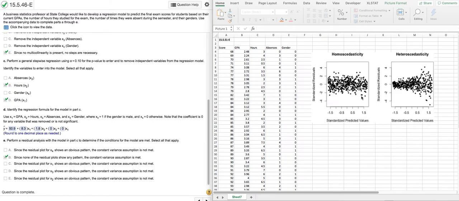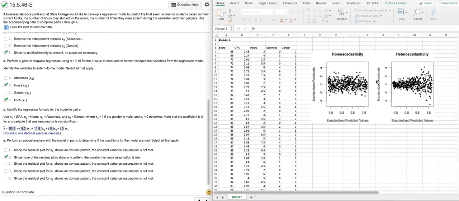By constant variance, we're referring to homoscedasticity, and we are looking for essentially just a random pattern in the plotting of the residuals. So this is an example of how that would potentially look. You'll see tons of examples online, and most of the time it's really hard to tell what you're looking at.